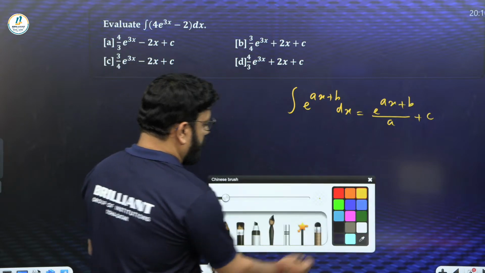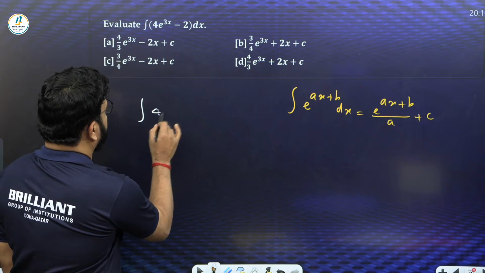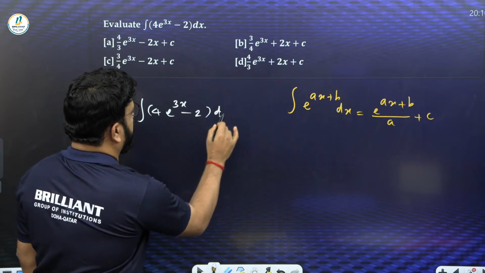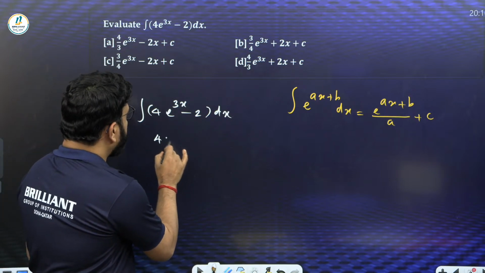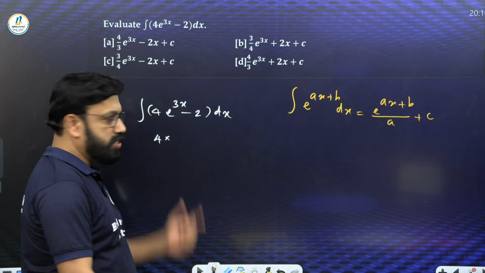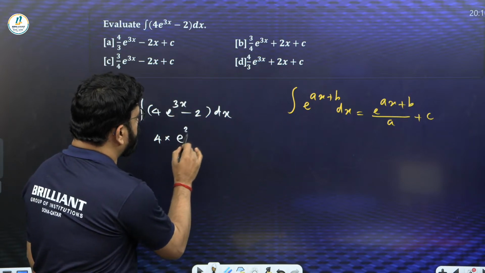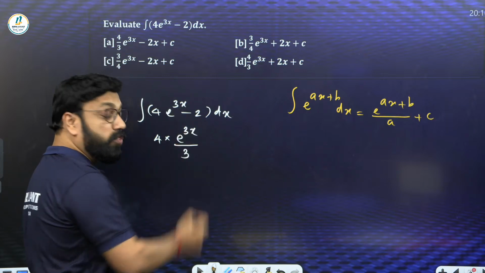So we can check here, the integral of 4 e raised to 3x minus 2 dx. Then 4 into the integral of e raised to 3x is what? 4 is a constant. 4 into e raised to 3x becomes e raised to 3x divided by 3, where 3 is the coefficient of x.